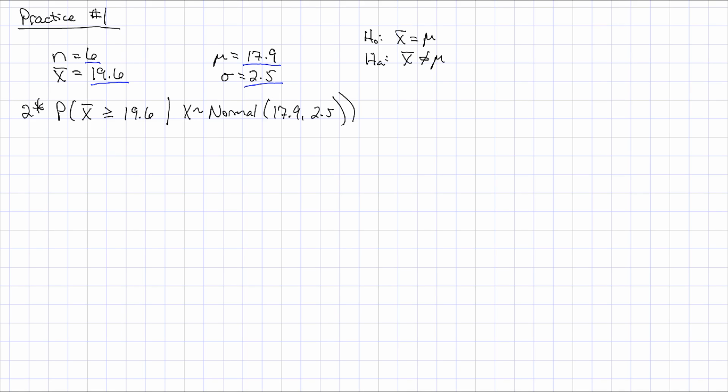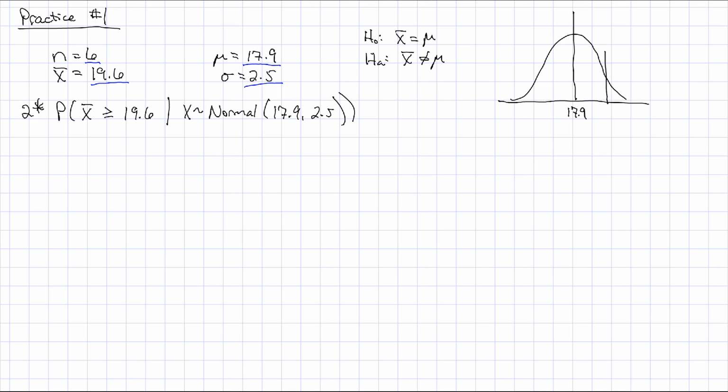So we want to know the probability that our sample mean is greater than or equal to 19.6. Why is it greater than or equal to? It's because 19.6 is greater than our population mean of 17.9. So if we were to look at our normal curve, our population is centered at 17.9.